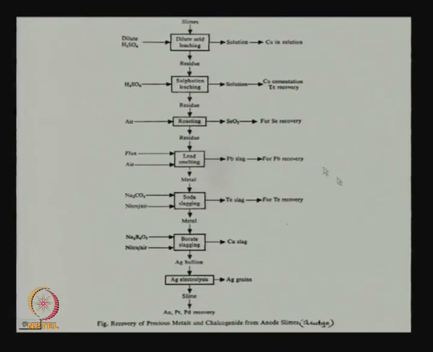In the solution, there will be copper, and copper cementation can give you tellurium, means by adding copper you can get tellurium. The residue by roasting will give selenium oxide, which will go for selenium recovery. There will be a residue which will go for lead smelting to get lead.